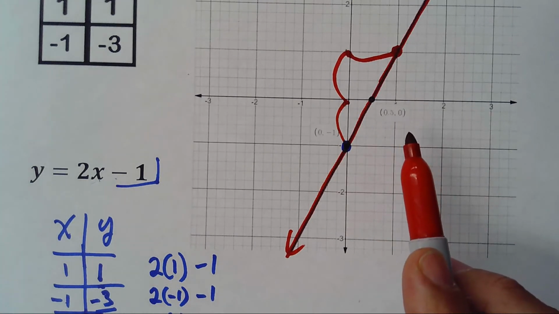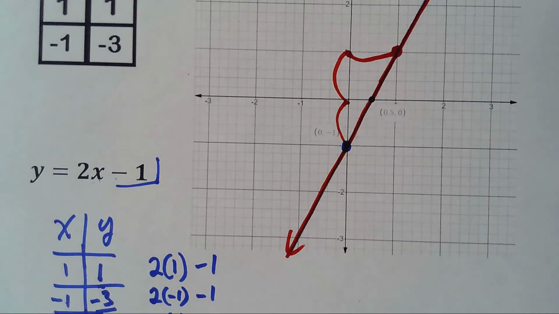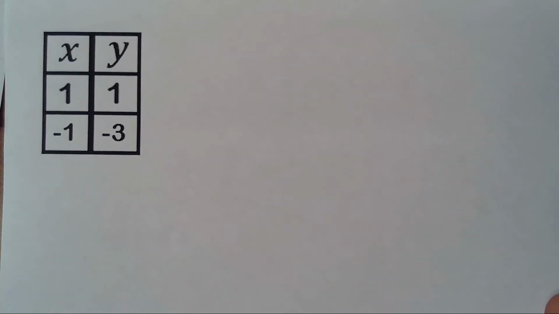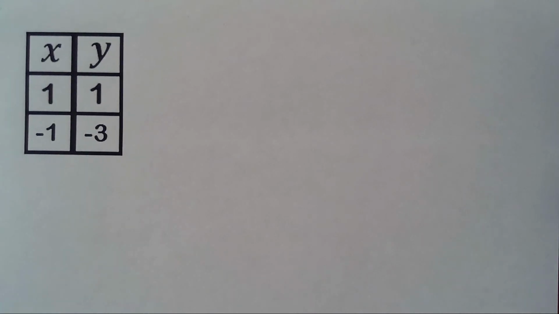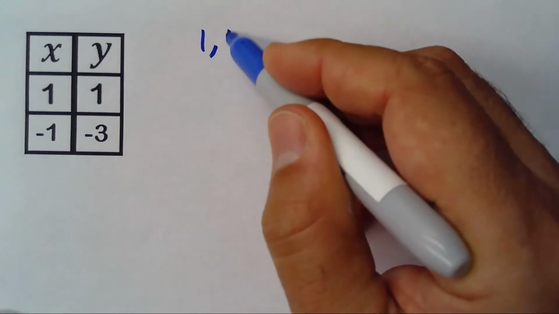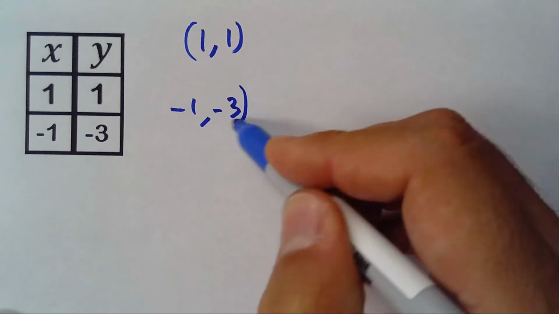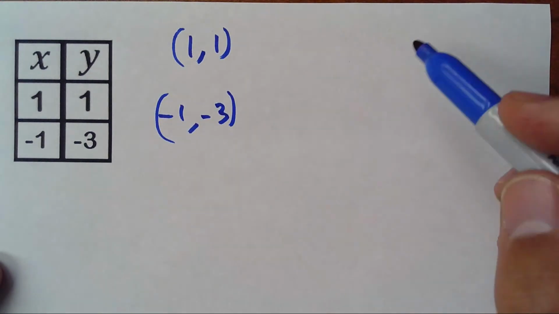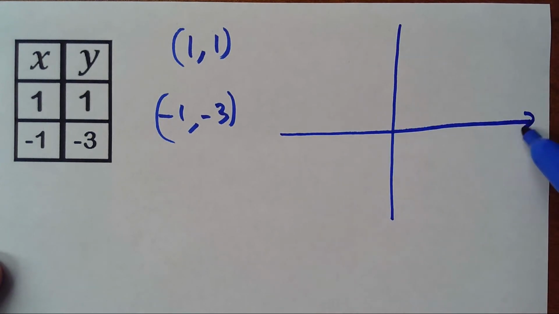Now let's go to the table and see if we can make the equation and the graph. So if you have this table, you have the point 1, 1, and you have -1, -3. So you can graph those 2 points, which will be very simple to do.